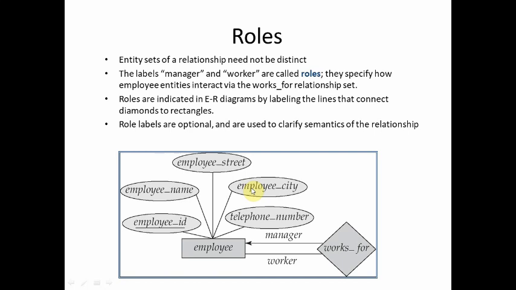Now remember, there was a time we talked of a relationship where we can have maybe an employee who's a manager and then is also an employee. That is a recursive relationship. So we can be able to define a recursive relationship as such. So we don't need to come up with another rectangle somewhere here and say this is a manager.